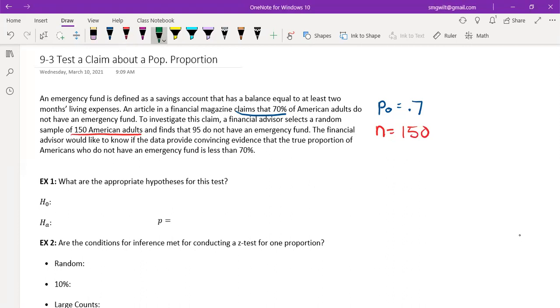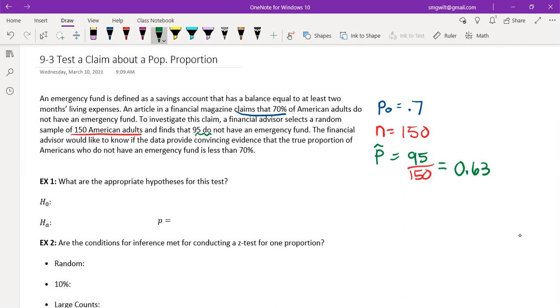His results help us with p hat. So 95 of these do not, so we're doing 95 divided by 150. And that's going to give us p hat, which is about 0.63. So his results were 63%.